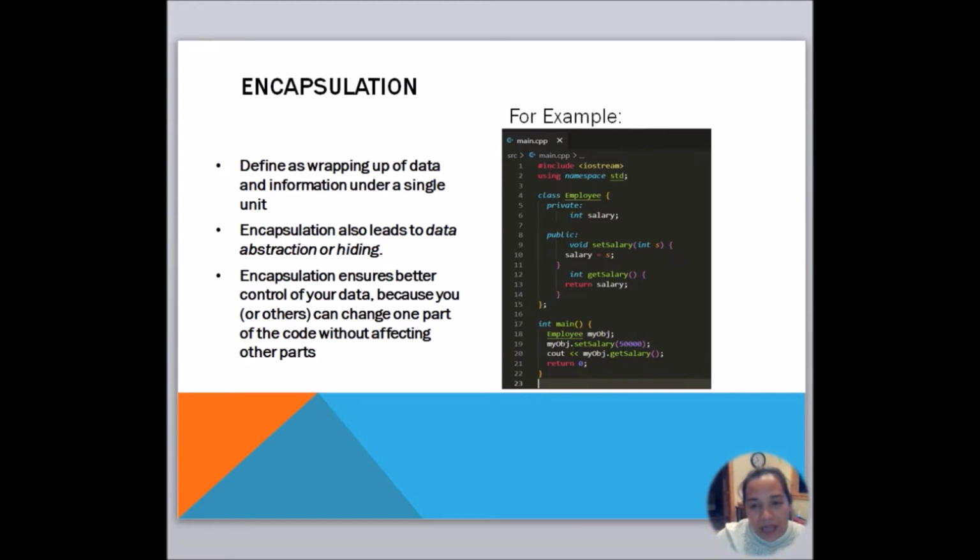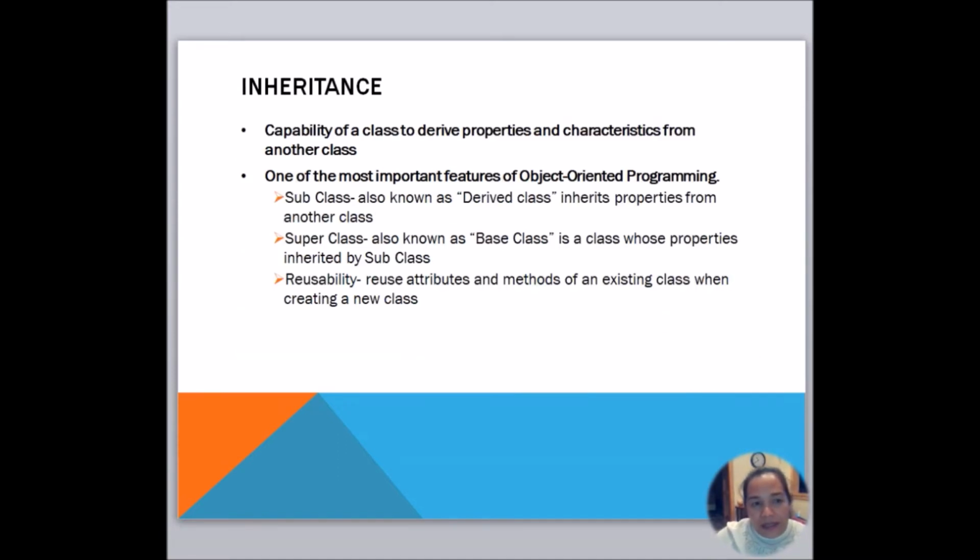Then encapsulation ensures better control of your data because you or others can change one part of the code without affecting the others. Next is inheritance. The capability of a class to derive properties and characteristics from another class is called inheritance.